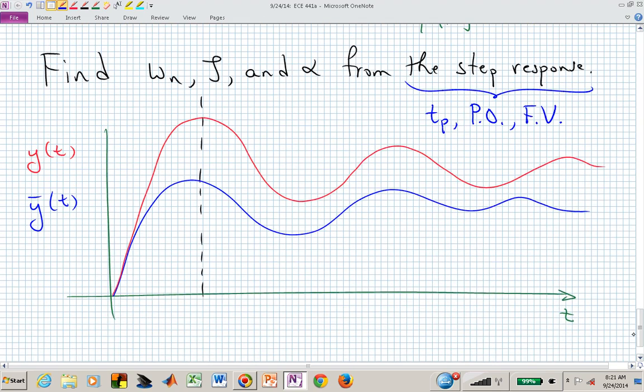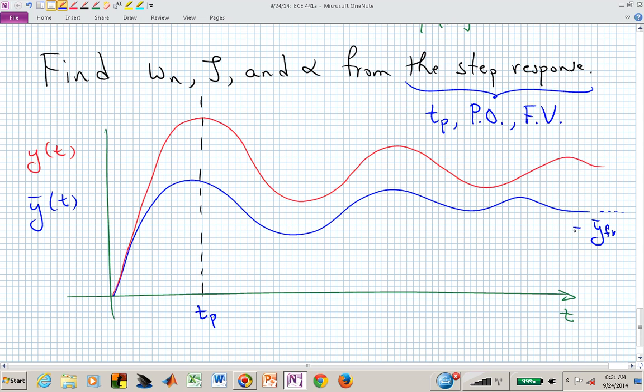And what we can identify from this picture are several things. Here is our peak time. That's the same for all of these. We can identify this will eventually go to a final value. We can call that y sub bar of final value.